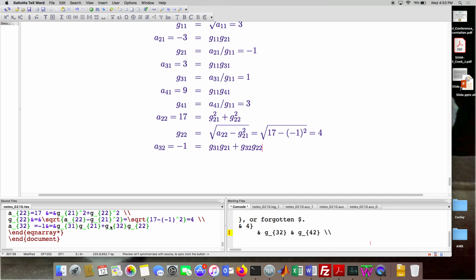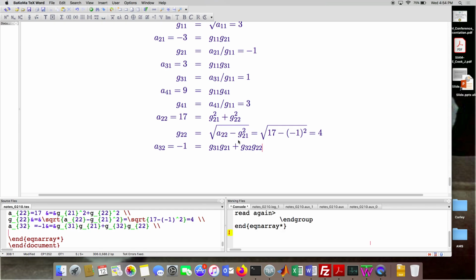Now, one thing I want to point out, those are the index patterns here. If you look at the row indices, in both cases, 3, 2. Well, that's the entry we're going for, 32. Then look at the column indices, 1, 1, then 2, 2. So those start from 1 and are counting up to the minimum of the indices that you have here. So that pattern we'll see throughout.